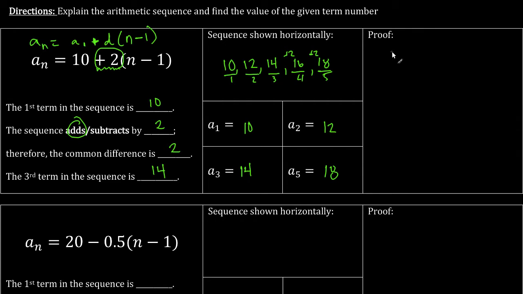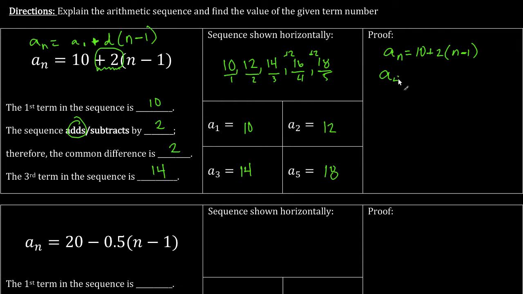Now, let's provide at least some sort of proof. Let's begin with our initial equation. A sub n, or any term number, is 10 plus 2 times the term number minus 1. Let's take term number 4 here.